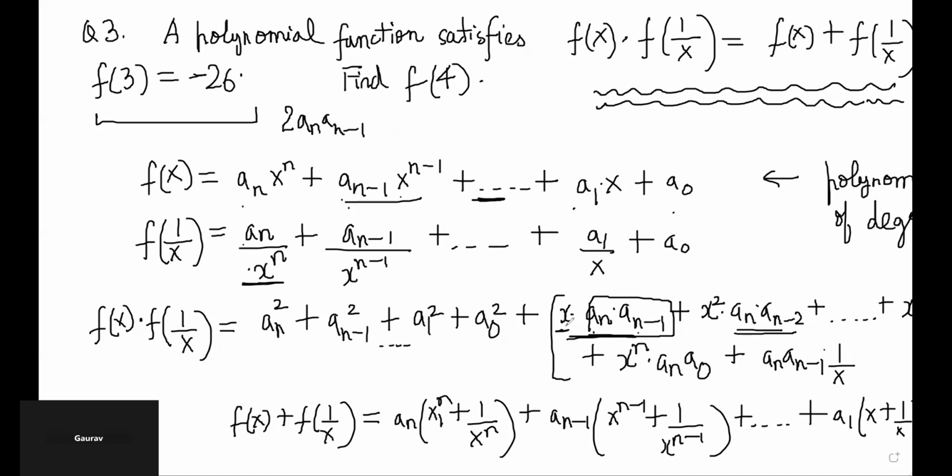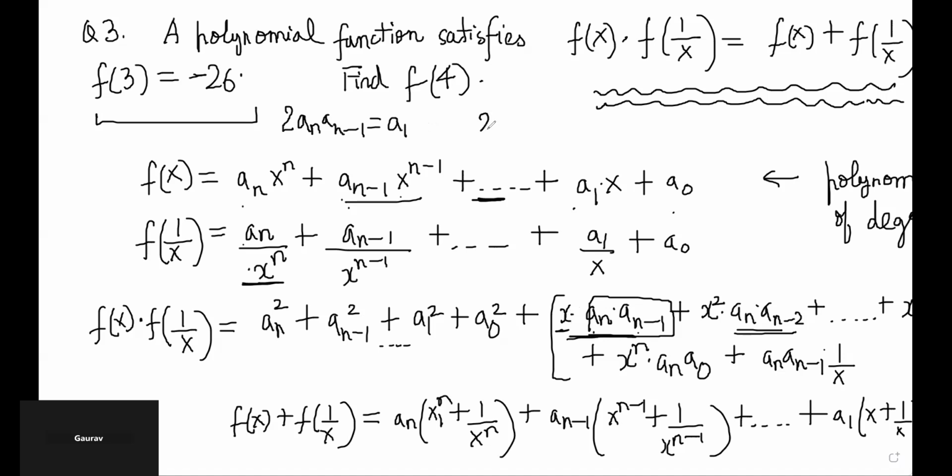Then you are getting x plus 1 by x here, right? Should be equal to, from this side you are getting a1, something like that, right? Do you understand what I'm saying? Yes, sir.